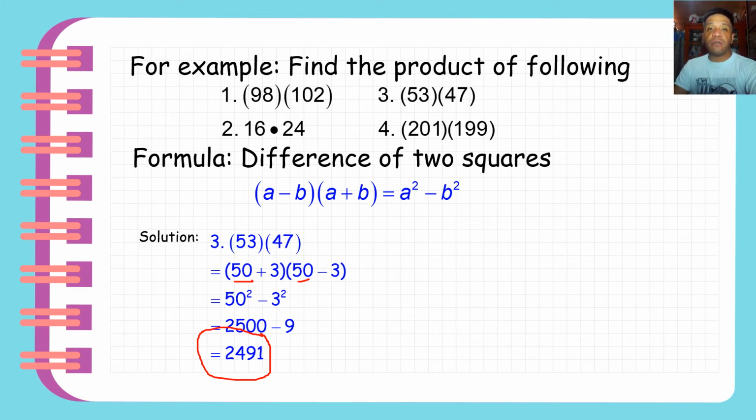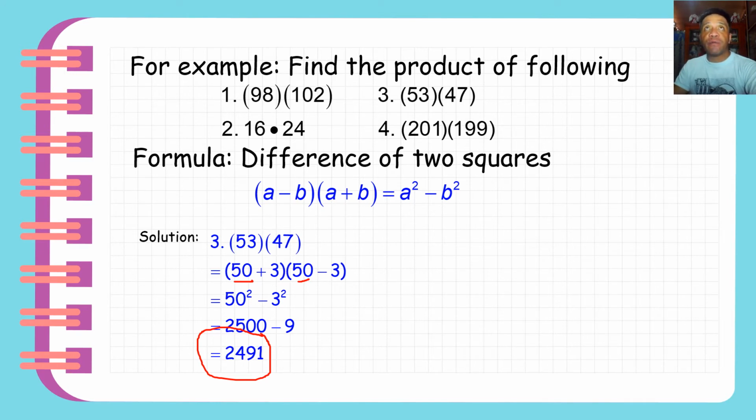Okay, let us proceed to number 4. 201 multiplied by 199. Their sum is 400 divided by 2, so 200. So the base now is 200. Then the first factor is 201, so we have 200 plus 1. Then the other one, 199, since we have a base of 200, is 200 minus 1.